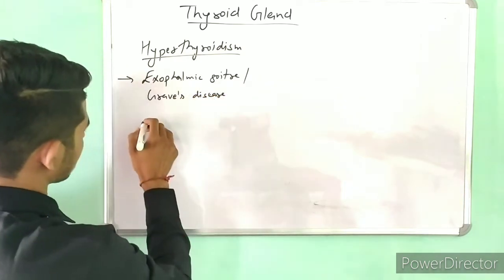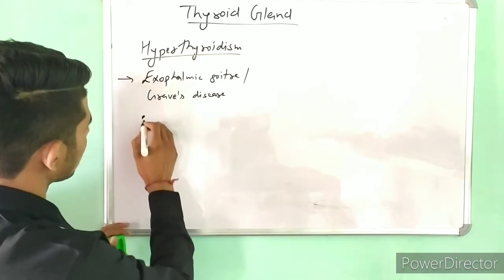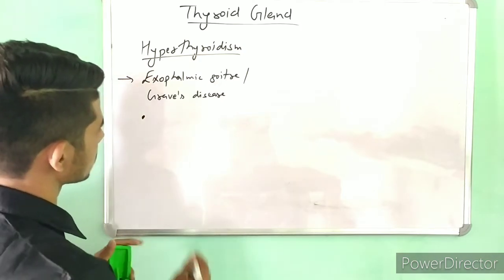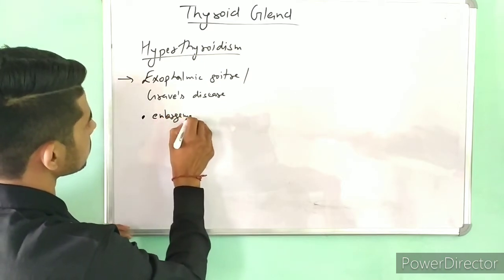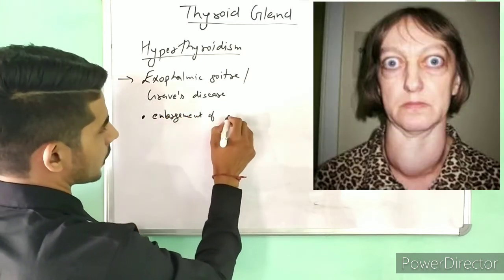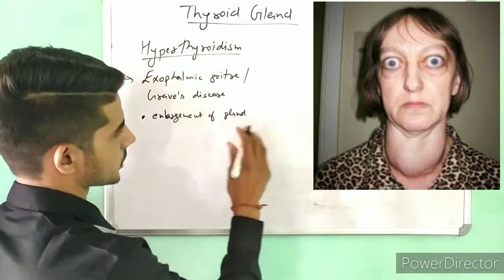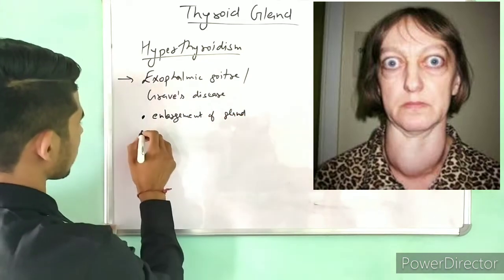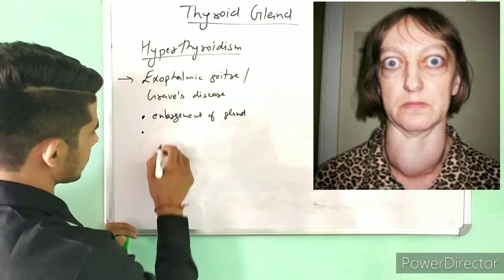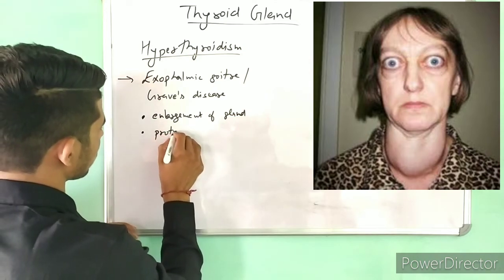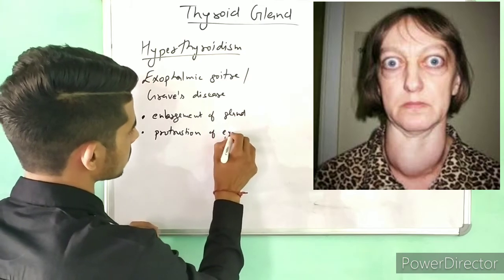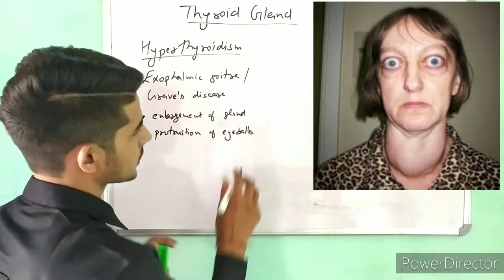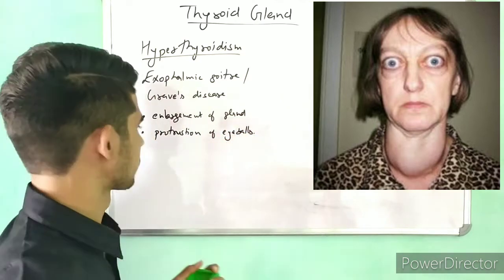In this disease, there is enlargement of the gland as seen in this picture, and protrusion of the eyeballs. It means the eyes bulge out a little.